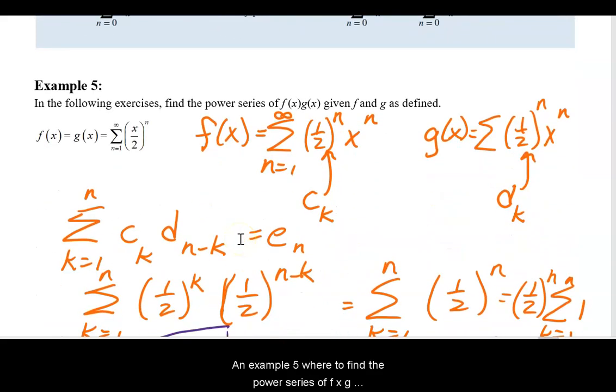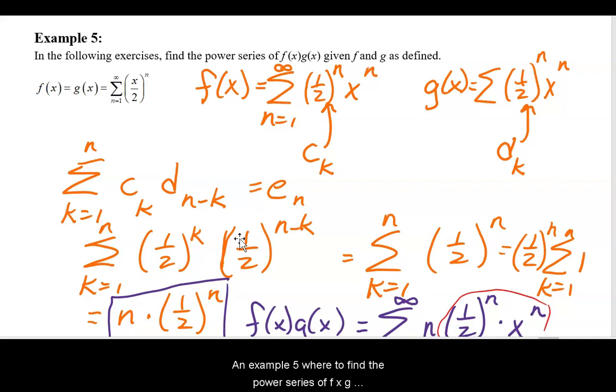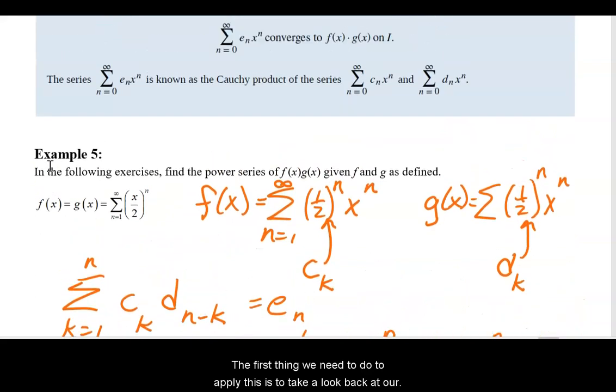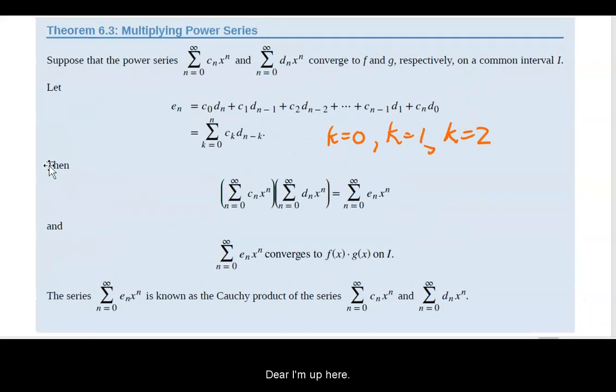In example 5, we're to find the power series of F times G when we're told that F and G are both the sum from 1 to infinity of x over 2 to the nth. The first thing we need to do to apply this is to take a look back at our theorem up here.